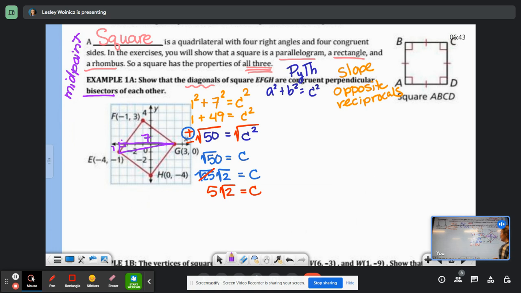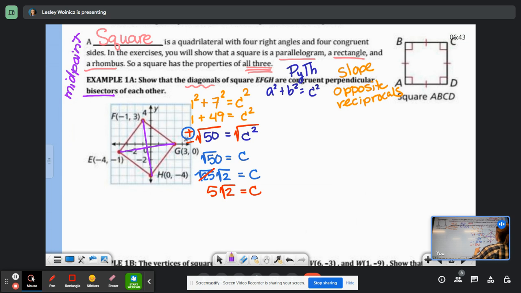So if these triangles have the same legs, like by side angle side, they're congruent, so I can say the hypotenuses are congruent. Here's my side, here's my angle, here's my side. That matches exactly the other one I had for my other diagonal. So I know that this diagonal and that diagonal are congruent.